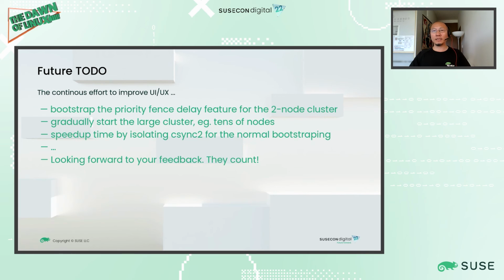Yes, that's primarily all the details for today. But last, I still want to share some of our future to-do list to continue improving the user interface and the user experience. For example, for a cluster of two nodes, often the priority fencing delay feature is handy to make sure the primary node stays alive in a split brain situation.